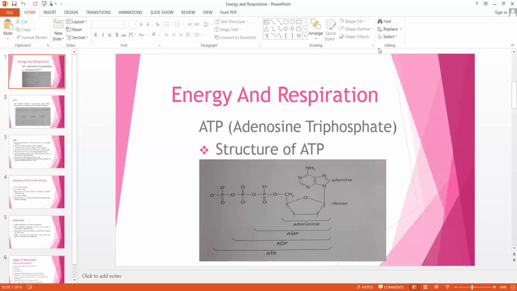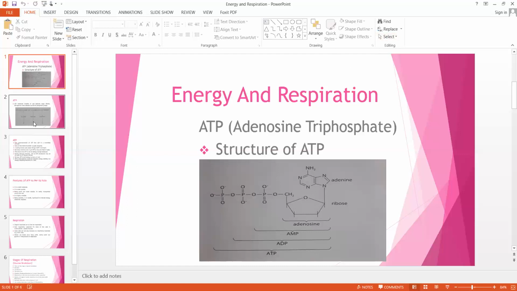Then in the next step, one more phosphate group is removed, and that's why the name changes to adenosine monophosphate, because now only one phosphate group is attached to adenosine. And when the last phosphate group is removed, whatever is left behind is called adenosine, meaning now only ribose and adenine are left behind.